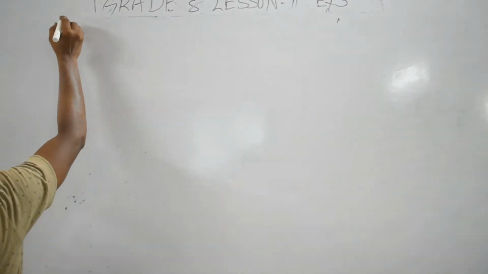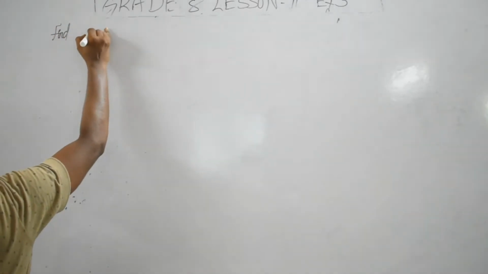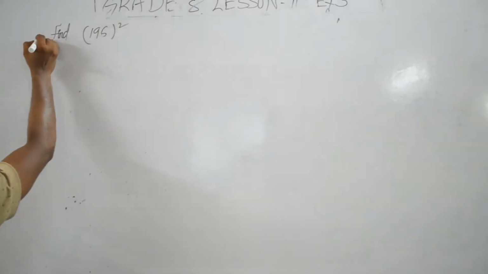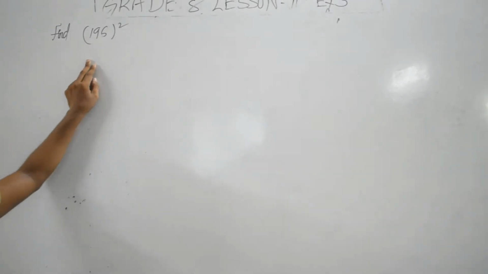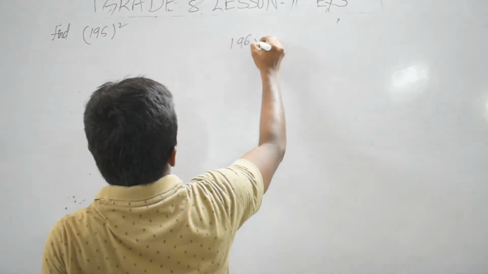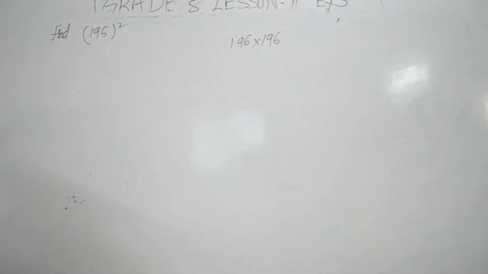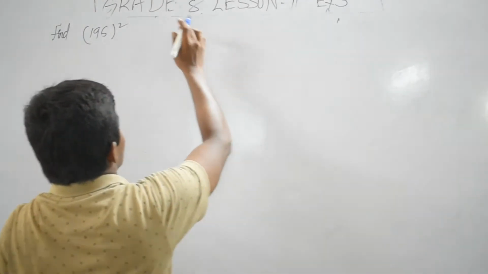Find the value of 196 whole square. So 196 times 196, like this we can write. But for this problem we write a shortcut.